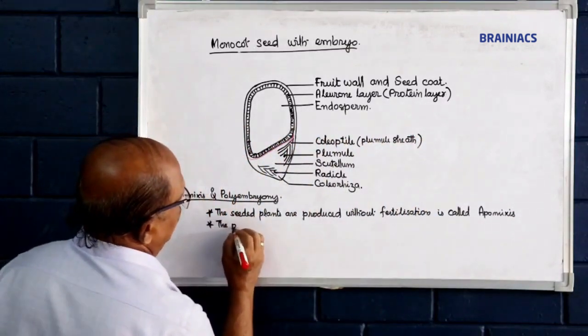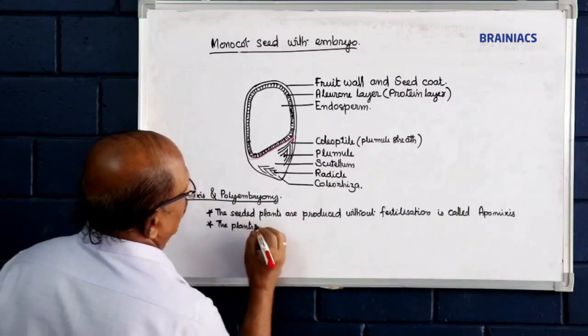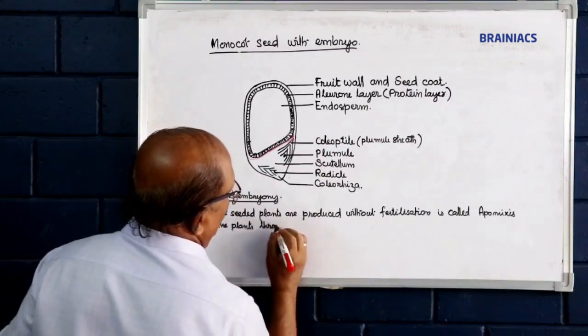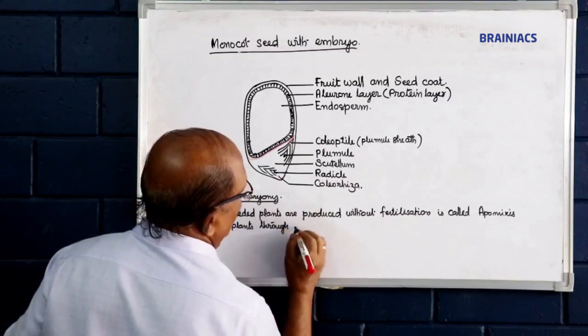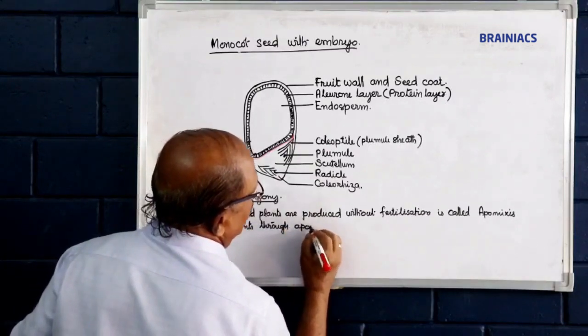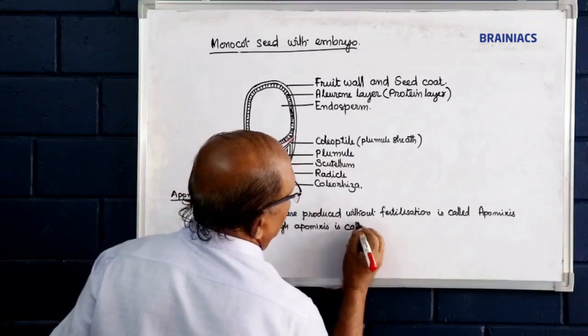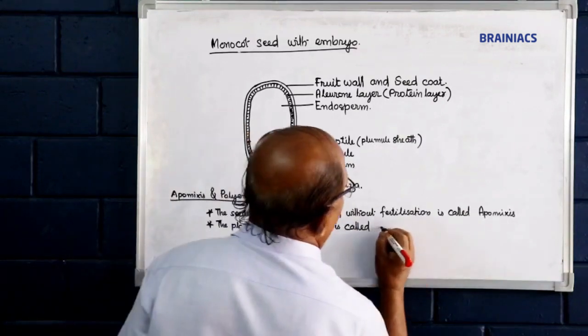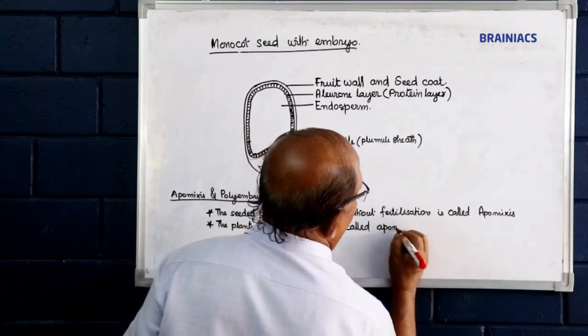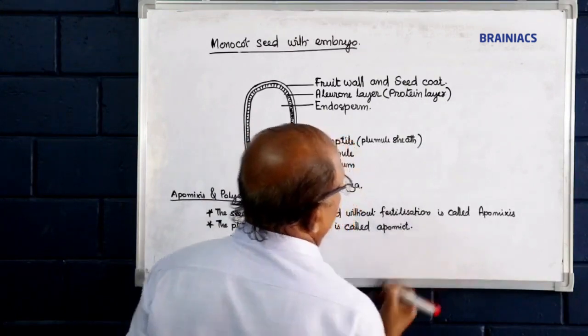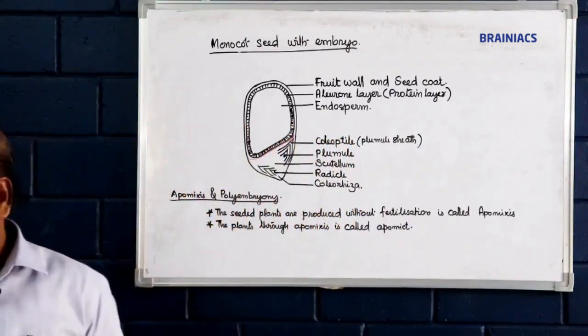The plants through apomixis are called apomict.